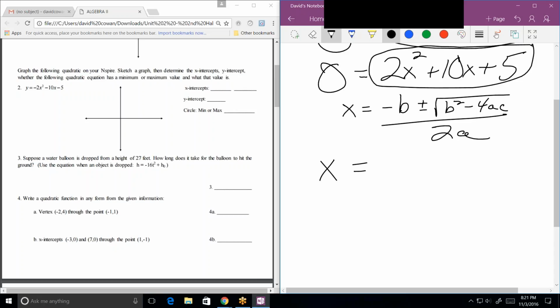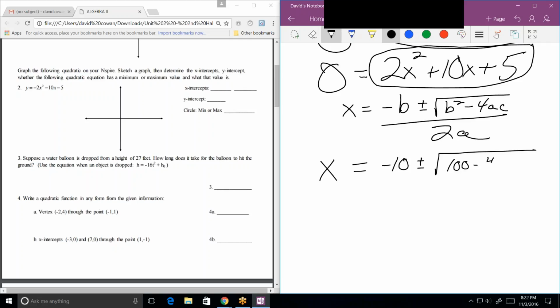So let's plug in now. What is that going to be? B would be 10, right? Uh-huh. So minus 10. Then it'd be 100 minus 4AC.